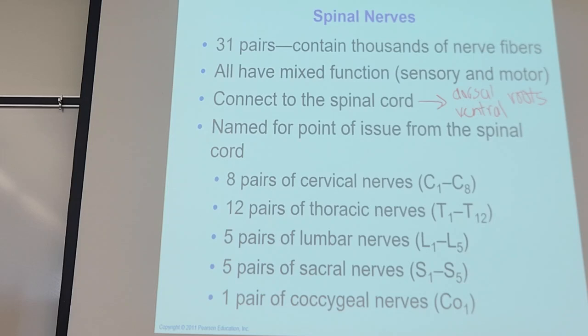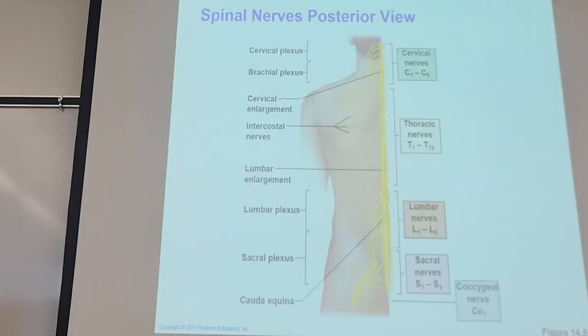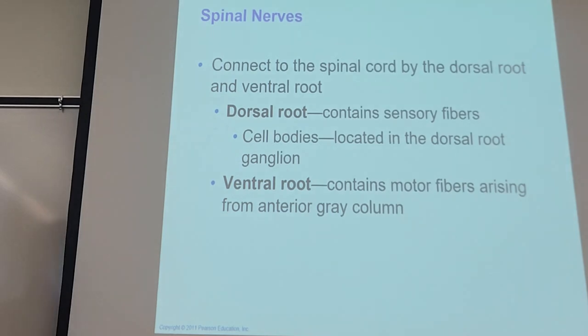Because a nerve doesn't just attach to the spinal cord, it splits because sensory enters one way and motor exits another, right? So nothing new here, it just gives a visual. Repetition is key. It connects to the spinal cord by the dorsal root and the ventral root.